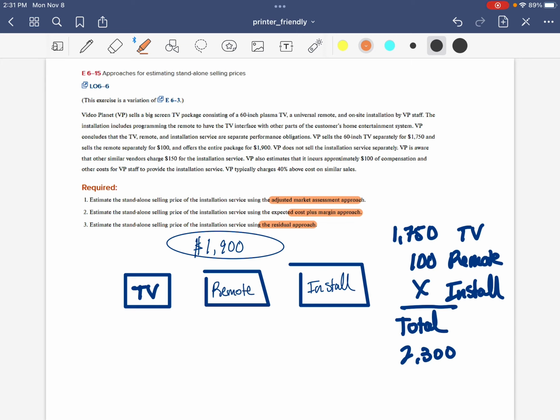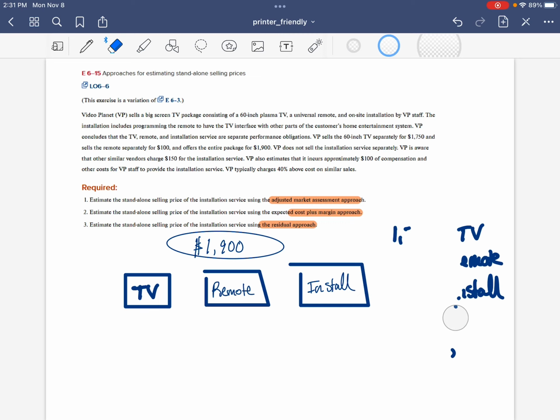Let's get some stuff out of our way here. So let's take the adjusted market approach. This is really easy in this problem. The problem says Video Planet does not sell the installation services separately.